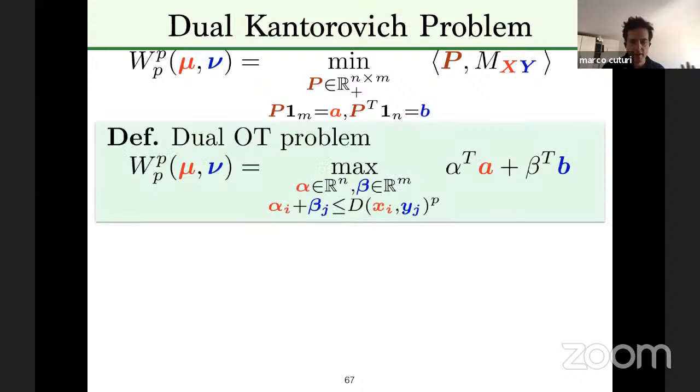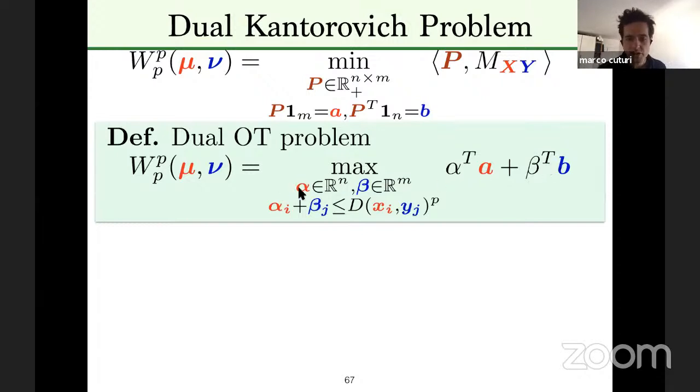You remember that I introduced a dual formulation of the Kantorovich problem in the continuous world, but it has a very simple analogy in the discrete setting. In the discrete setting, remember the integral of phi and psi against mu and nu. We're going to integrate a vector against the weights a. So it's going to be alpha transpose a plus beta transpose b.